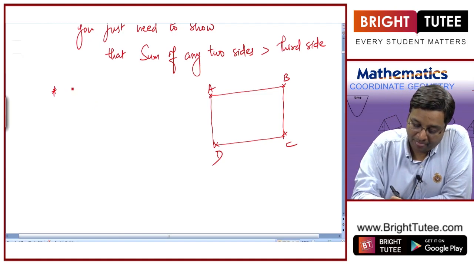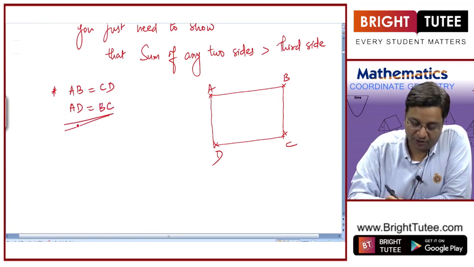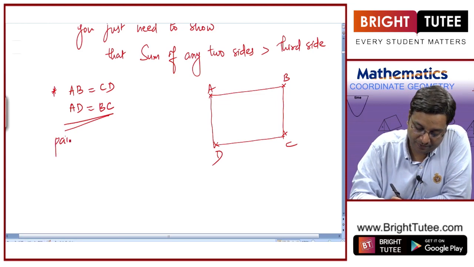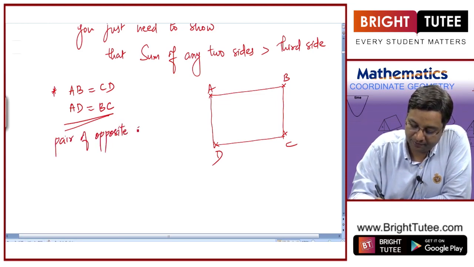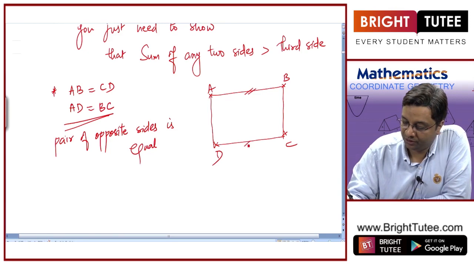For example, if I can prove AB is equal to CD and AD is equal to BC, the pair of opposite sides is equal. This is equal to this and this one is equal to this one.